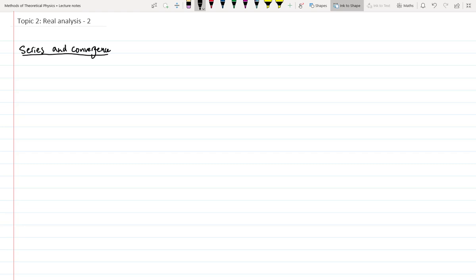Now, a series is nothing more than a sum of terms. When we're dealing with, e.g., power series, which come up a lot in physics, we're often interested in summing an infinite number of terms.